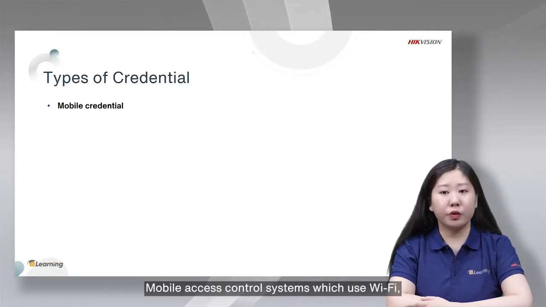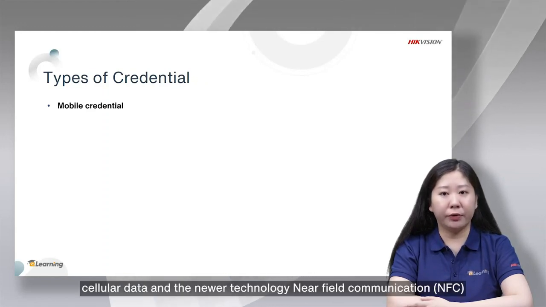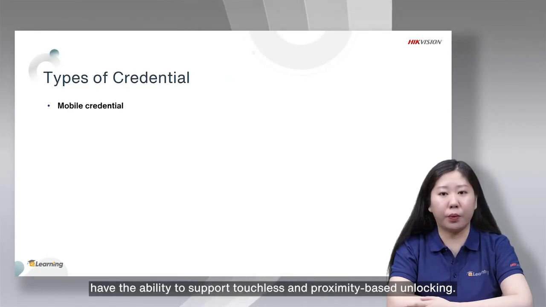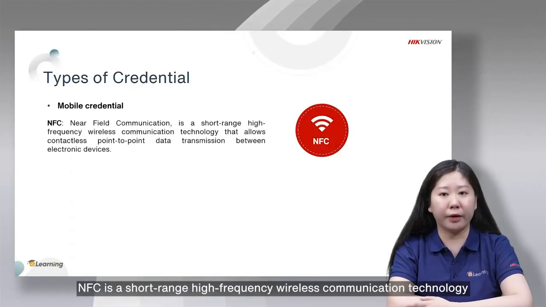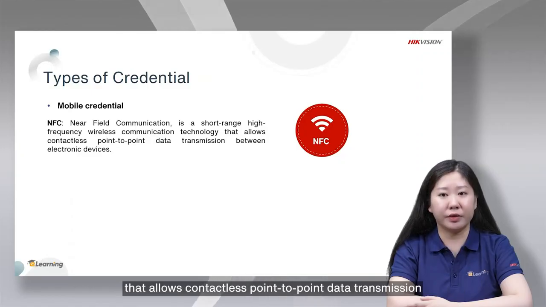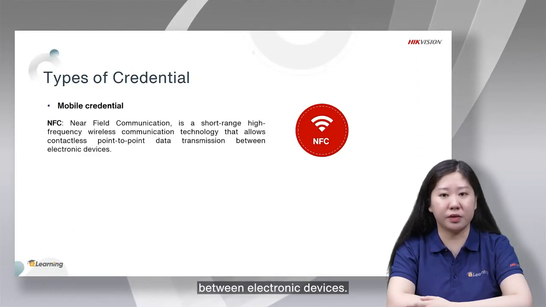Mobile access control systems, which use Wi-Fi, Bluetooth, cellular data, and the newer technology, near-field communication, also known as NFC, have the ability to support touchless and proximity-based unlocking. NFC is a short-range, high-frequency wireless communication technology that allows contactless point-to-point data transmission between electronic devices.